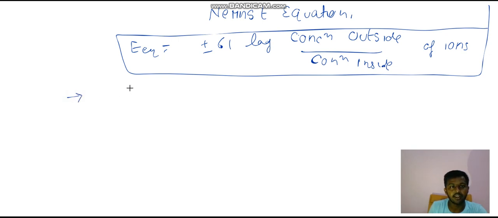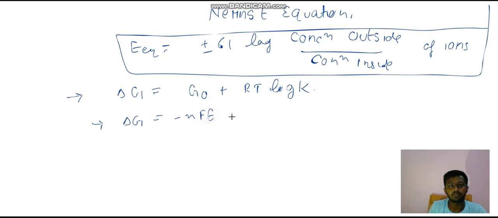As we all know, from the Gibbs free energy, delta G equals to G standard plus RT log K. K is the concentration, and from electrochemistry we know that delta G is equal to minus NFE.